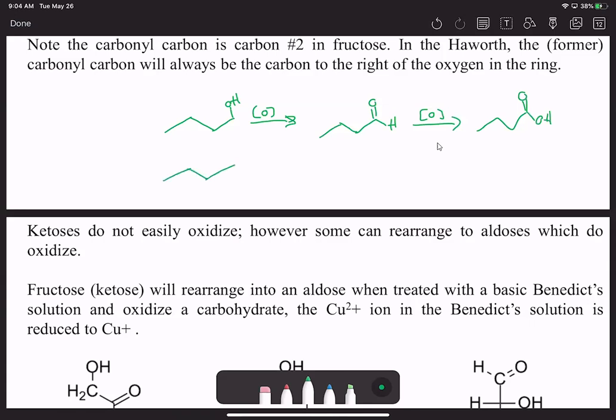And then if we take a secondary alcohol and we oxidize that, we get a ketone. And if we try and oxidize that, we get no reaction. So we notice that ketones do not oxidize. So that's why ketoses don't easily oxidize.